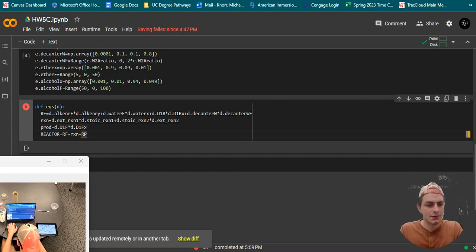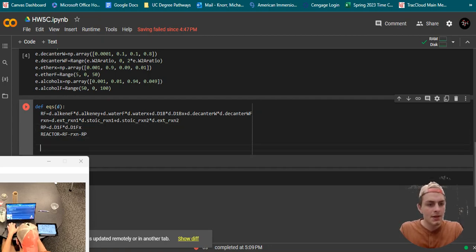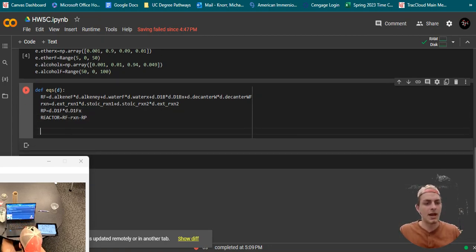Perfect. So that's our reactor products. And then there's our reactor energy balance, or rather material balance. We're not messing with energy. So there we are, reactor, and we've done one of 3 of our unit processes there.